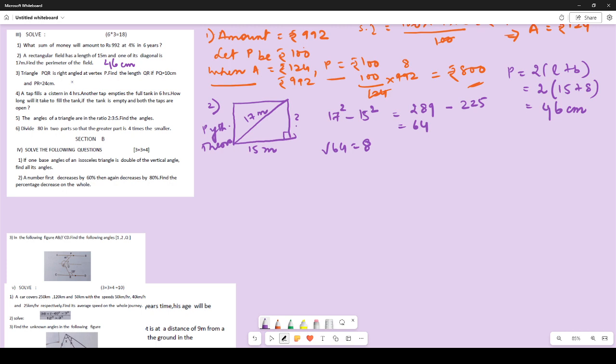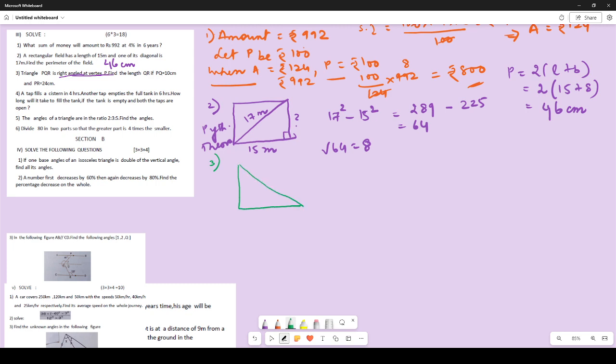Triangle PQR. Now many of you got this wrong because you did not pay attention to this part. It is right angled at vertex P. So let us take up question number 3 over here. So how are you supposed to draw this figure? You are supposed to draw it this way.